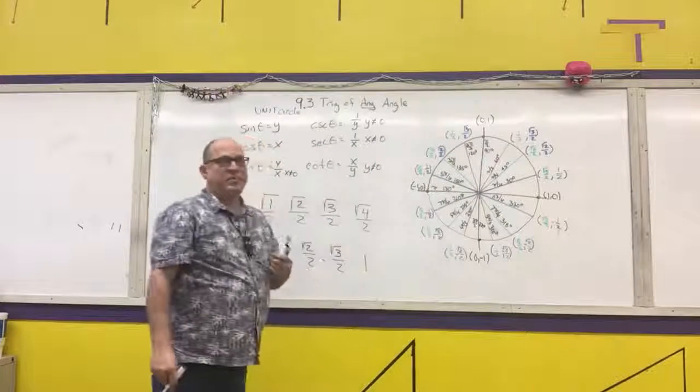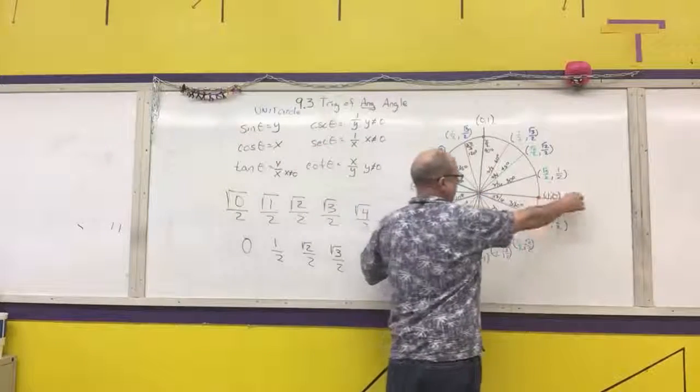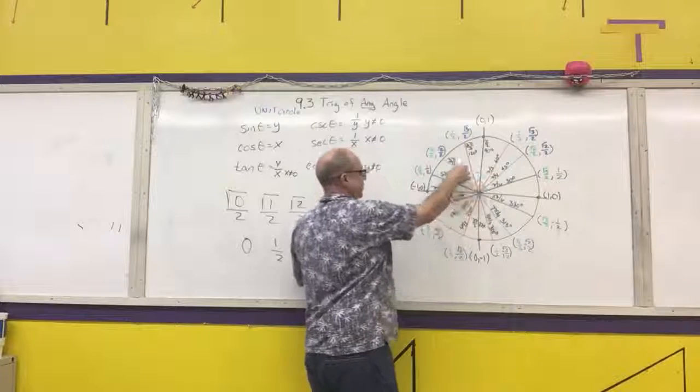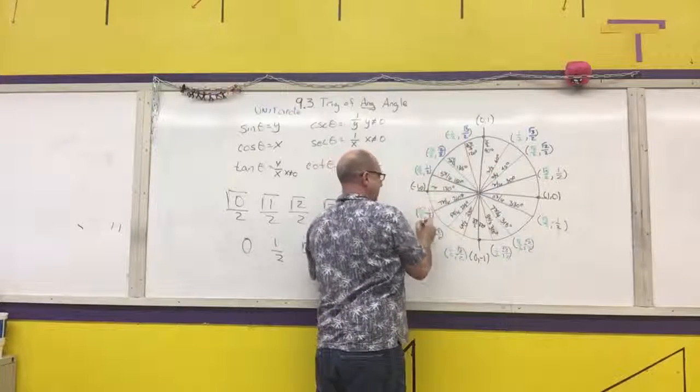Next thing I need to do is check my signs of the x-coordinates. X's are positive here, so those are all good. They're negative in quadrants 2 and 3, so change these to negatives.